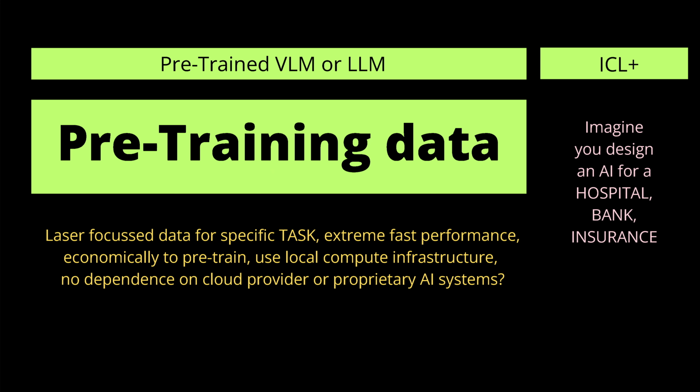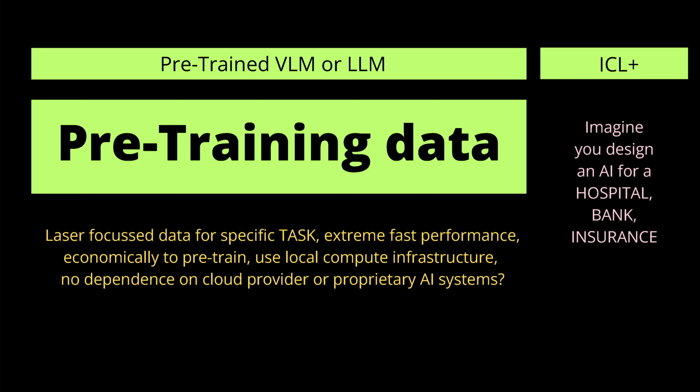If you have a very special task that you focus on from the very beginning, only for your hospital or your bank, you have laser-focused, precise data in your pre-training data set for your specific task, you can get extremely fast performance of the system. It will be economical to pre-train.